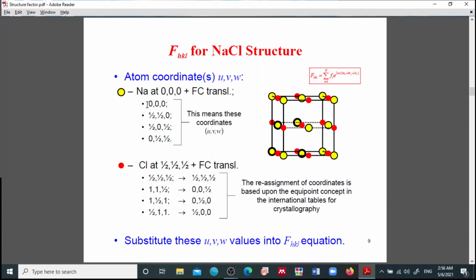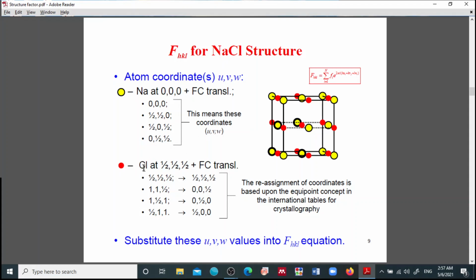So we will consider sodium, and then we will consider chlorine. As far as sodium is concerned, we can choose 4 atoms, out of them one should be at the origin: 0 0 0, half half 0, half 0 half, 0 half half.